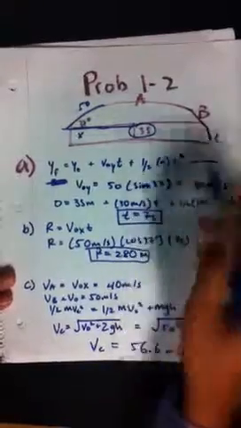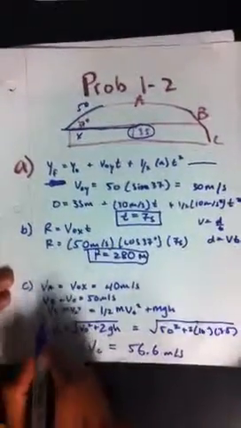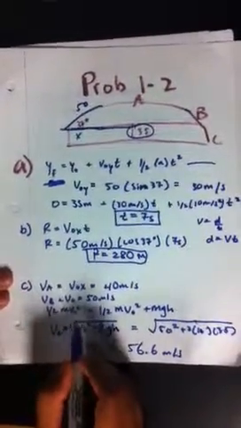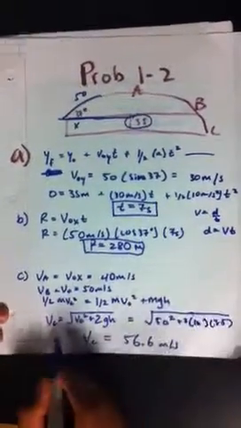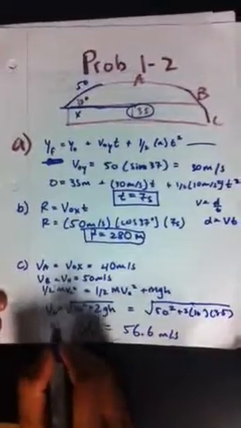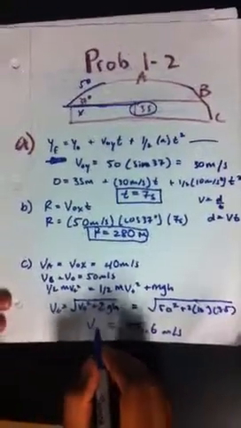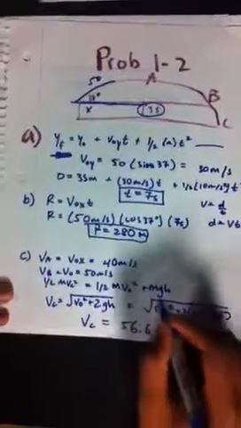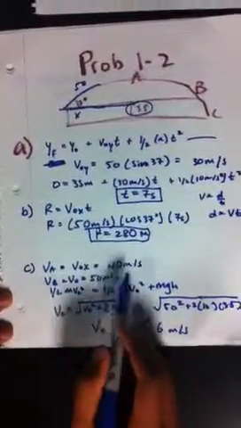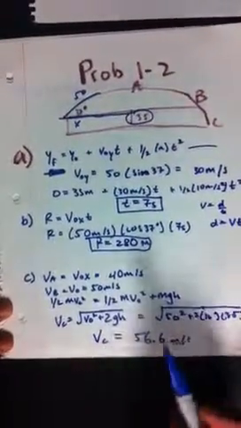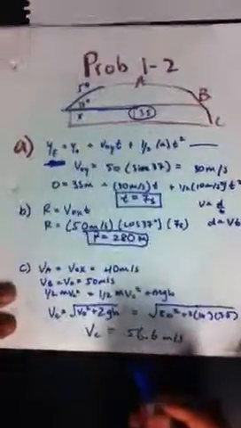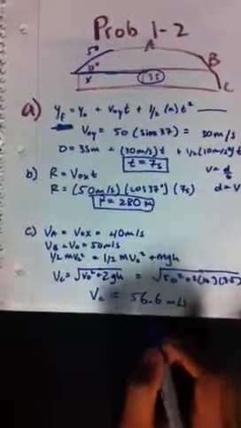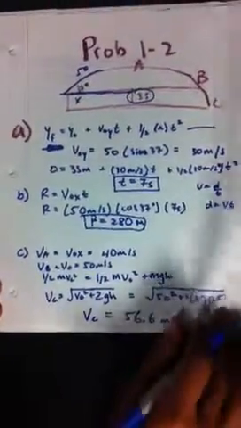At C, you can do 1/2 m v_c squared equals 1/2 m v_0 squared plus mgh, and you get v_c equals the square root of v_0 squared plus 2gh. When you plug in the initial velocity and the acceleration of gravity, you get 56.6 meters per second for the velocity at C.